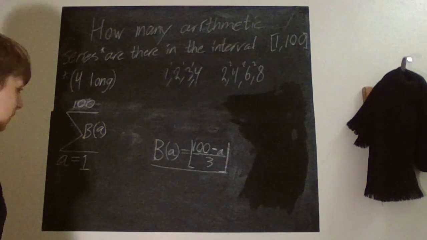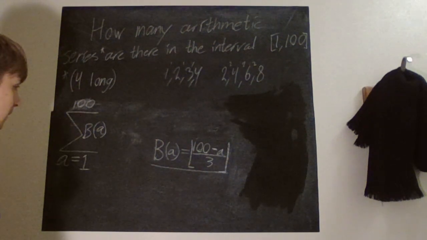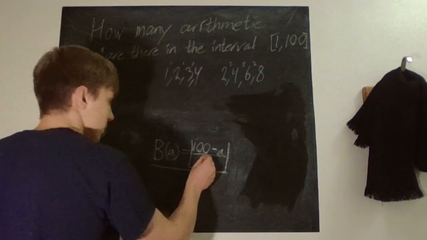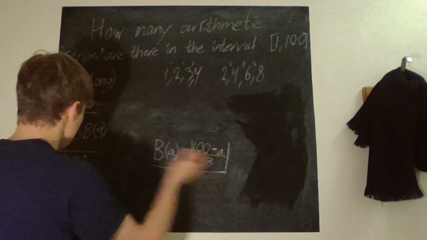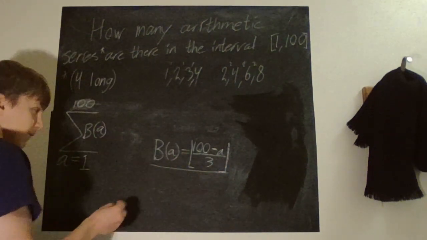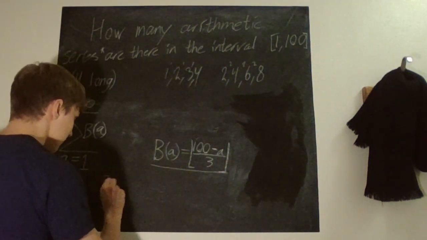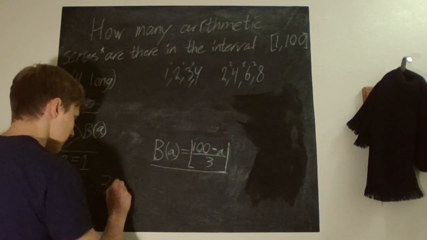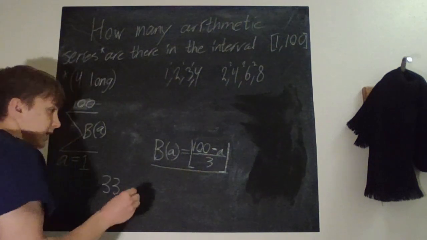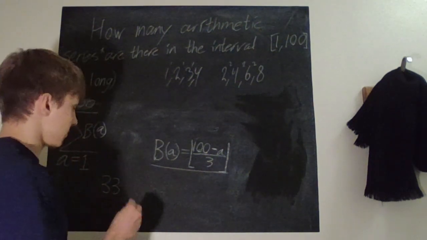So what is this equal to? Well, we can just start by writing it out, and I think it will make more sense. The first one is 100 minus 1, that is 99, divided by 3, that's 33. And then after that, it becomes 32.6666, and the floor function makes it 32.